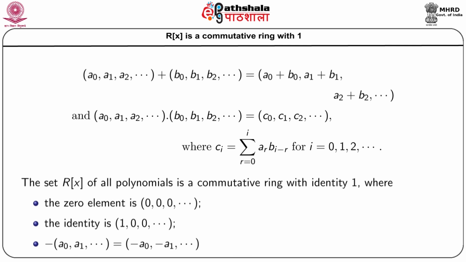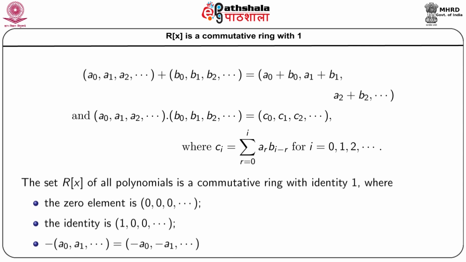It is easy to check that the set Rx of all polynomials is a commutative ring with identity 1, where the 0 element is 0, 0, 0, that is the infinite sequence whose all terms are the 0 of the commutative ring R. And here the identity 1 is actually this infinite sequence, where the first term is 1 and all other terms are 0.